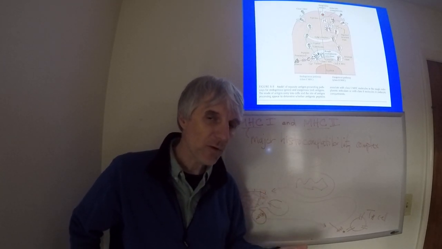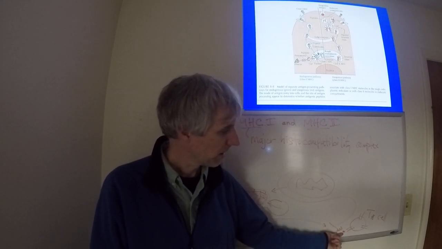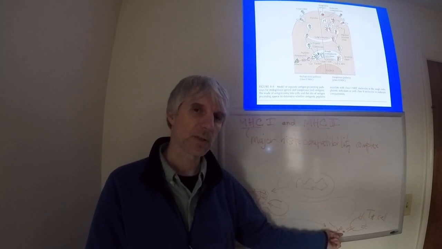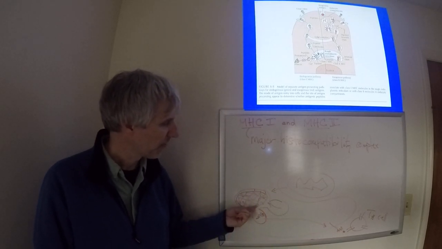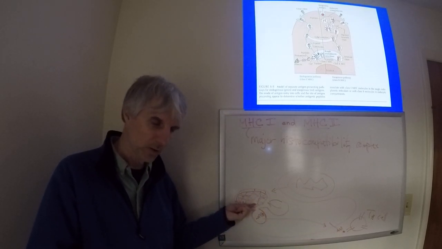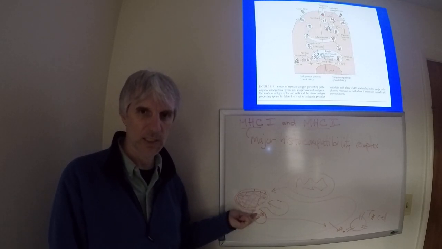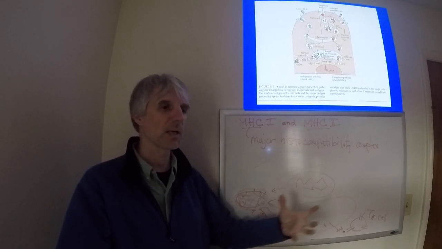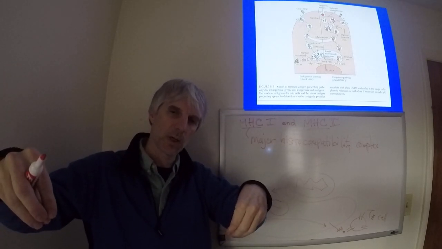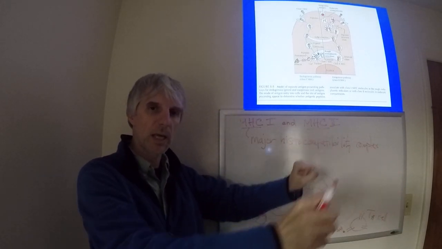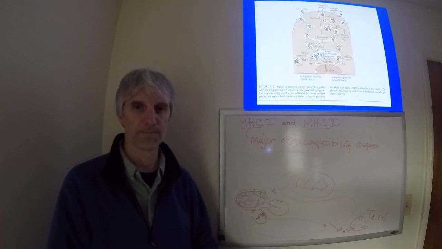One of their favorite places to find them is on these MHC Class 2 molecules that have the peptides from the foreign proteins that were degraded in the lysosome of the phagocytic cell. The phagocytic cell takes in a bacteria, chops it up, takes little pieces of the peptides, puts them on the MHC Class 2, and cycles them out to the membrane, and the T helper cell checks them.